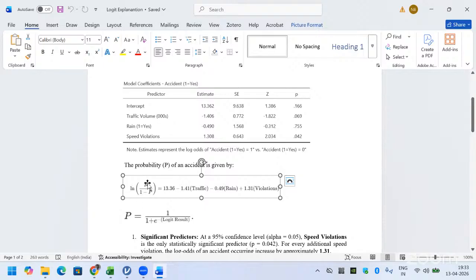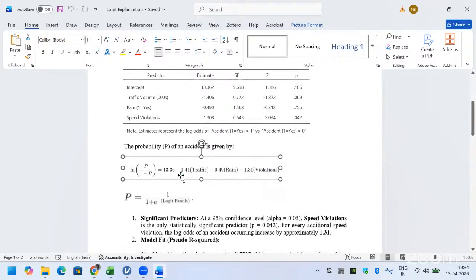In linear regression we used a continuous variable, but here there are categorical outcomes like yes or no. The intercept is 13.362, so that is 13.36, minus 1.406, so 1.41 into traffic, minus 0.49 into rain, and 1.308, so 1.31 into violations. So this is my basic expectation of the equation.